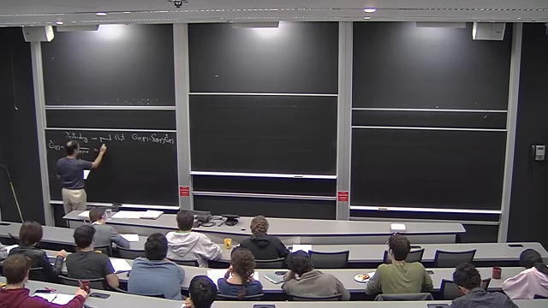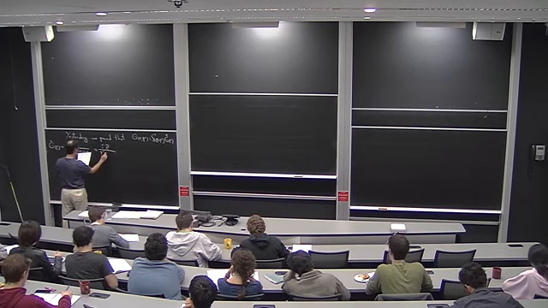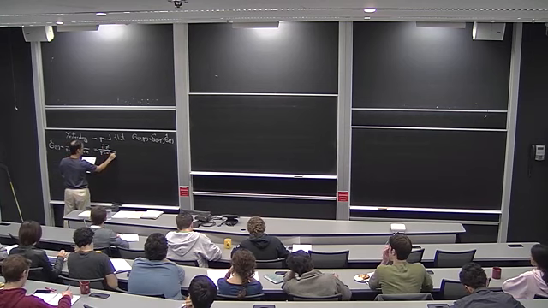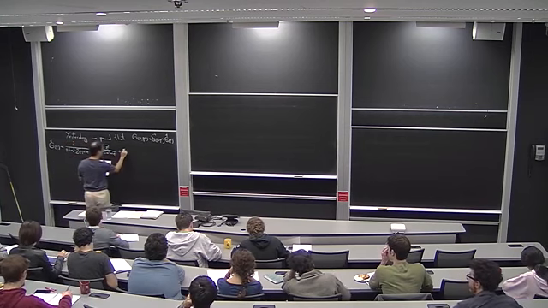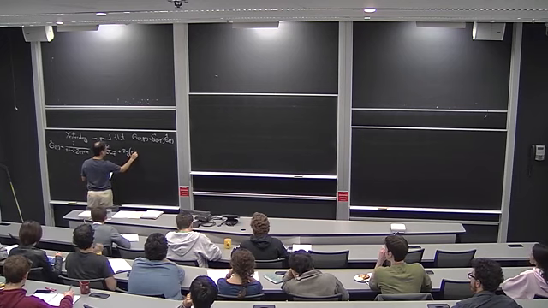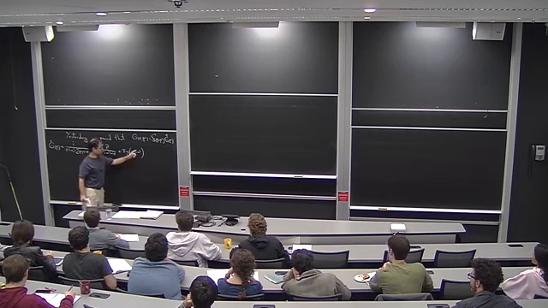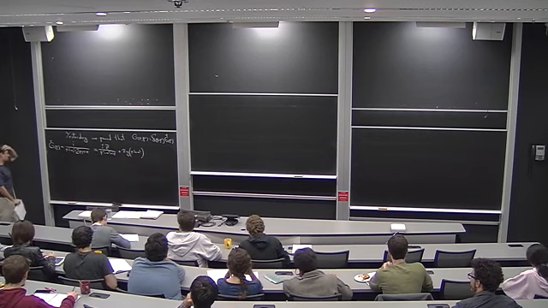But we also learned that it had to be written in this form, where this means regular pieces as p squared goes to m squared.